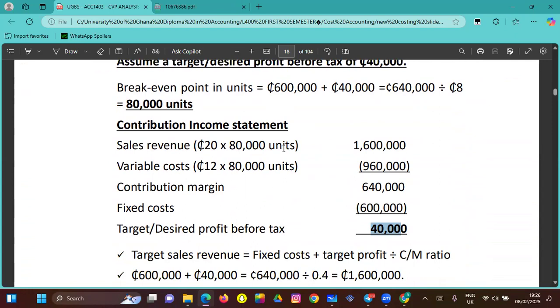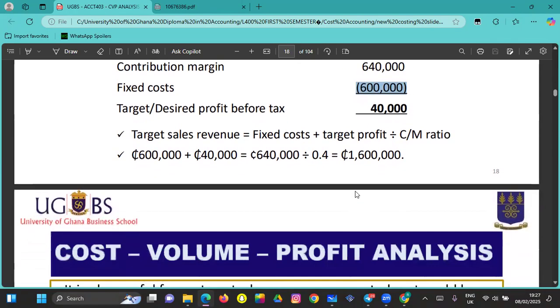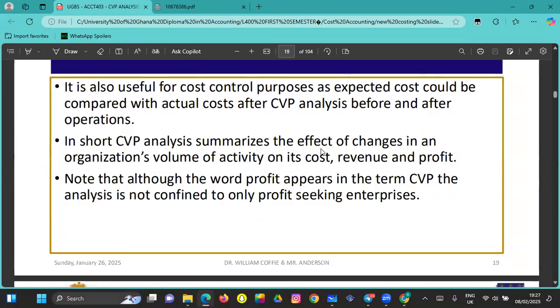Proving it, you put it in the contribution income statement, where the units that you had in the break-even calculation, you bring here, you multiply by the selling price, then variable cost of 12 times the units, and you get your variable cost. Then when you subtract, you get your contribution, and then the fixed cost will come in here. You subtract, and you get your desired profit target. All right, so that's the same thing here.